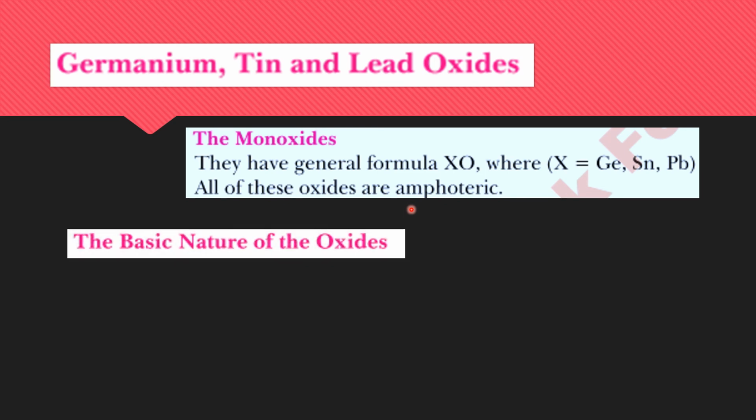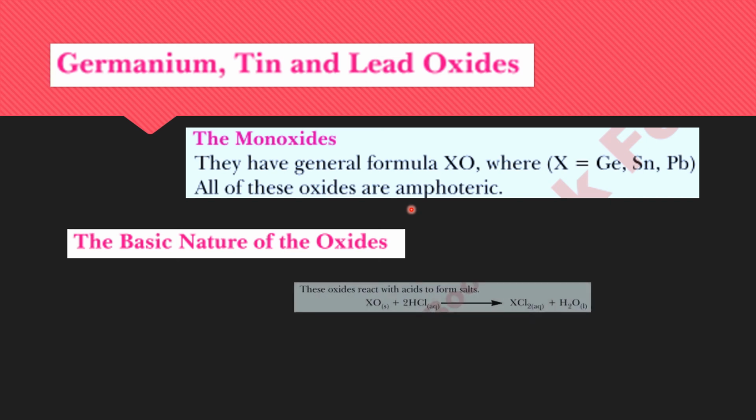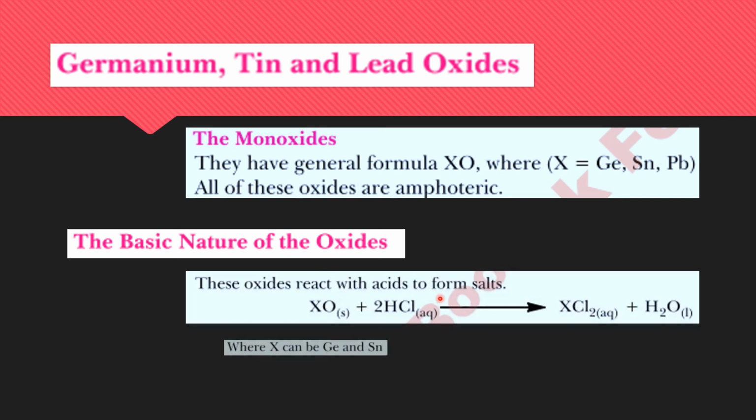First, we will show the basic nature of these oxides. These oxides react with acids and form salts. When these oxides react with an acid, they form a salt. This shows that they are basic in nature.